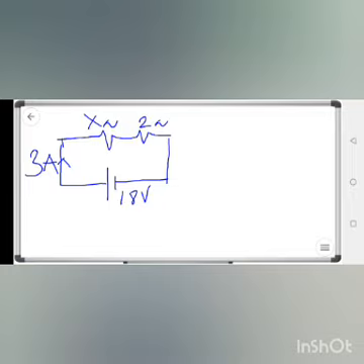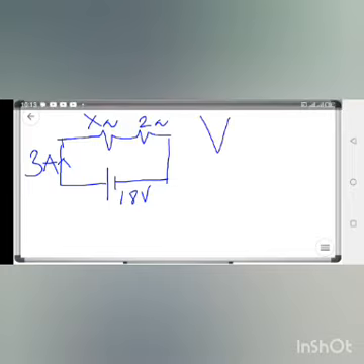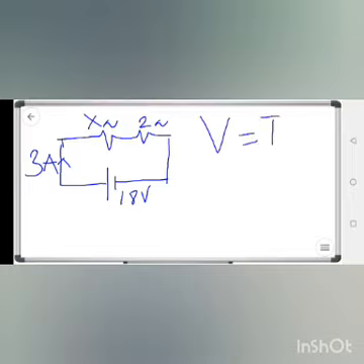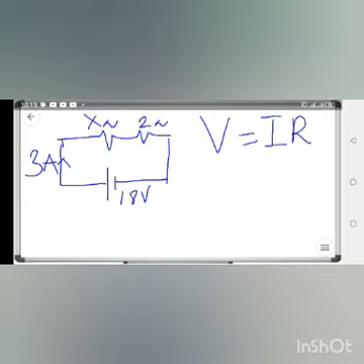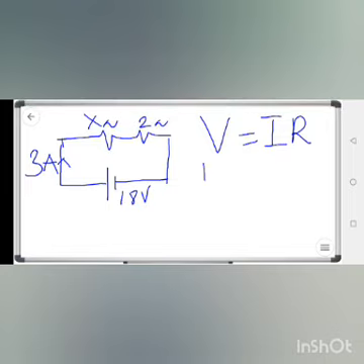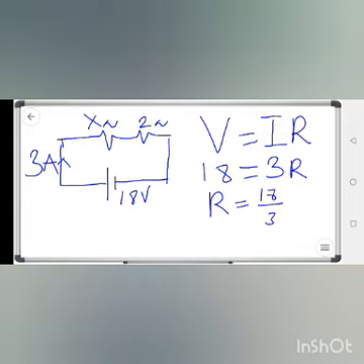So since the total voltage V is 18 and the total current I is 3, we can find the value of the total resistance, which is R. So I would be writing 18 is equal to 3 times R. Like I said, you should know what to do naturally here. You should divide both sides by 3, and R will be equal to 18 all over 3, and R is equal to 6 ohms.